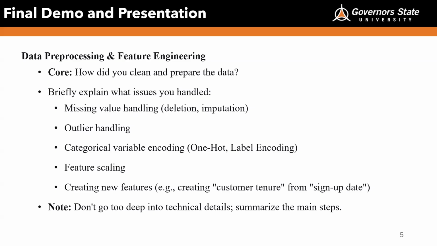For example, you scale the feature values from 0 to 1 or something, or you have created some new features, right? Yeah, so for this one you don't need to go too deep into the technical details. You just need to summarize the main steps.